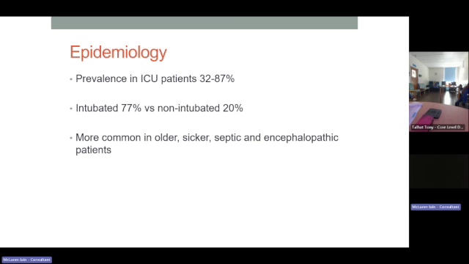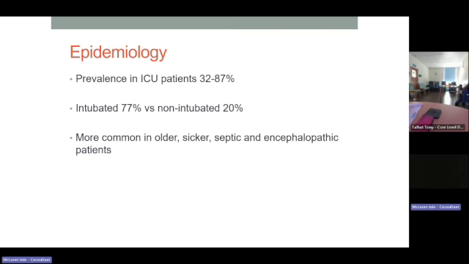Being intubated, so as a level 3 patient, your risk is significantly higher than in the non-intubated patient group. Again, this may just represent something to do with disease severity rather than intubation per se, although intubated patients tend to have more heavy sedation, and we know that that's a risk factor. We'll come back to that in a little while.